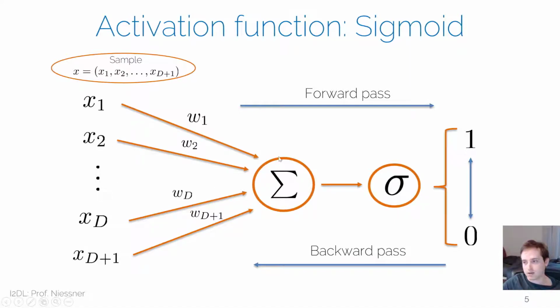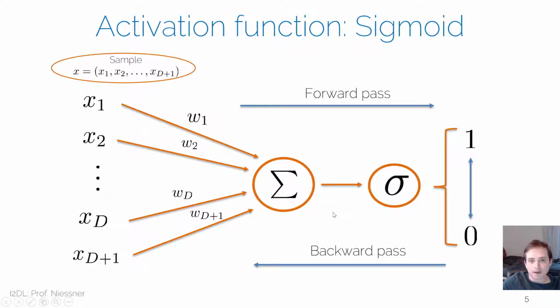After this matrix multiplication, you get a vector of these n scores, and that's what you input to your sigmoid function here. For every entry, it returns a number between 0 and 1. And that is your output for each sample here. So you do this for the forward pass, and then you write the derivatives for the backwards pass.